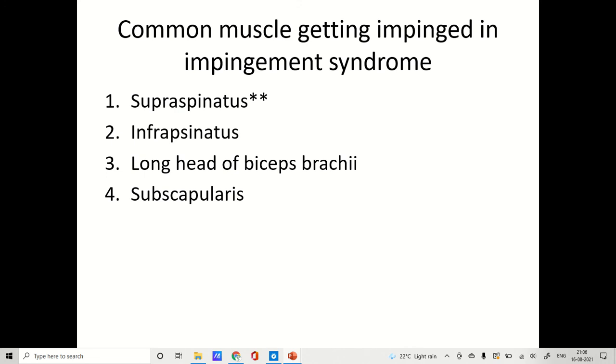Coming to the common muscles getting impinged, we know there are 4 rotator cuff muscles. In secondary impingement, what did we learn? Secondary impingement syndrome is usually caused by rotator cuff dysfunction. But impingement is nothing but compression on the tendons passing within the subacromial space. The first main tendon to get compressed is the supraspinatus. Second will be the infraspinatus.